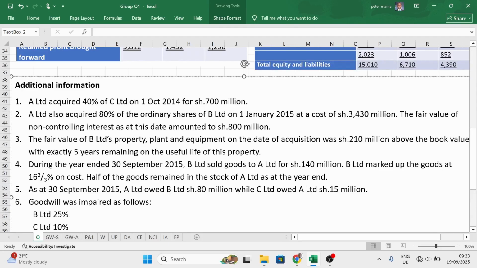So if B Limited was acquired on 1st January 2015, we can say that B Limited was acquired in between the current financial year, which means there were 3 months from the beginning of the current year to the time when B Limited was acquired.